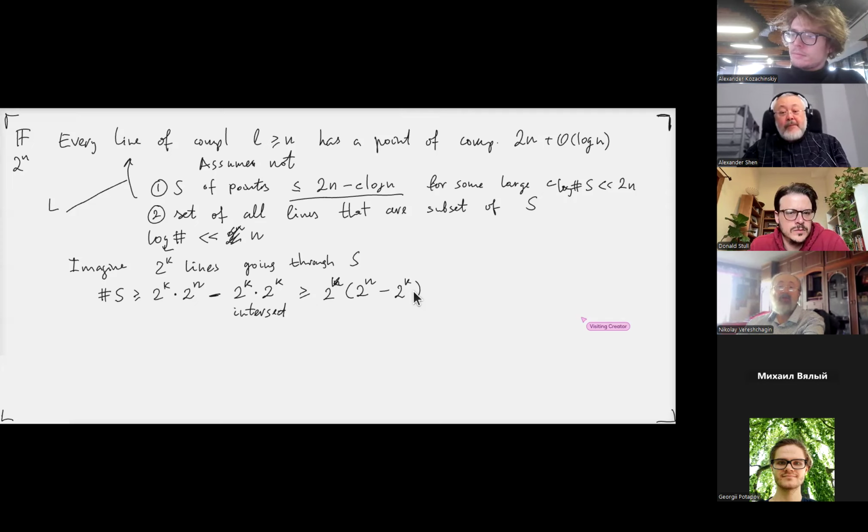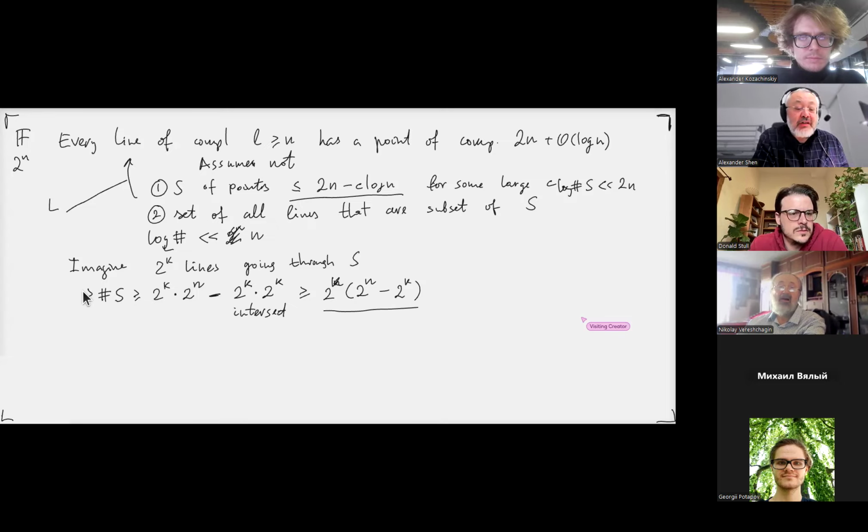And now we see that if k is much smaller than n, then this is much smaller than 2 to the n. No, we need to show that it is big. So we know that this is much smaller than 2 to the 2n. And we need to conclude that k is smaller than n.